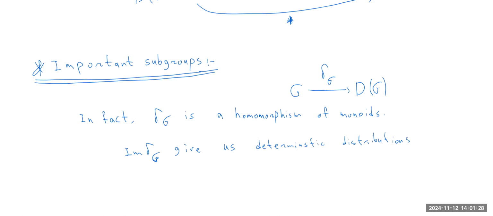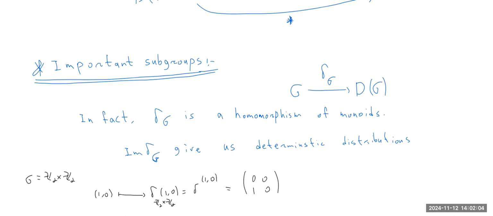If we go back to what we had before, in the case when G is Z2 cross Z2, and we take the object 1, 0, it goes by lambda of this 1, 0 to this distribution. As a matrix, as we saw, we can write it like this: there is one place with 1 and the rest is 0. This is called a deterministic distribution.